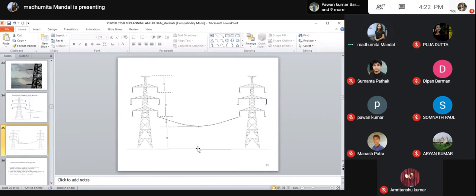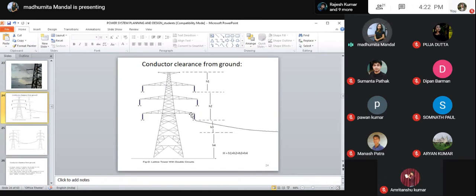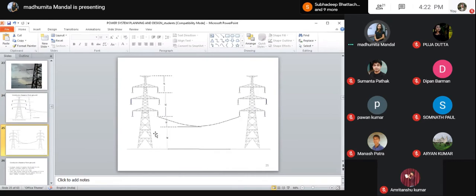So the factors that have to be considered for deciding the height of the towers are, first, the key factor, minimum ground clearance. Minimum ground clearance does not mean this one. As this conductor is taking the form of a catenary, it will have a lowest point.